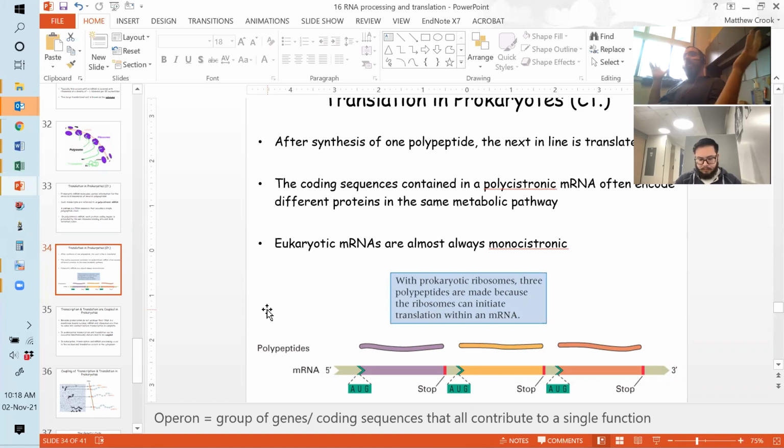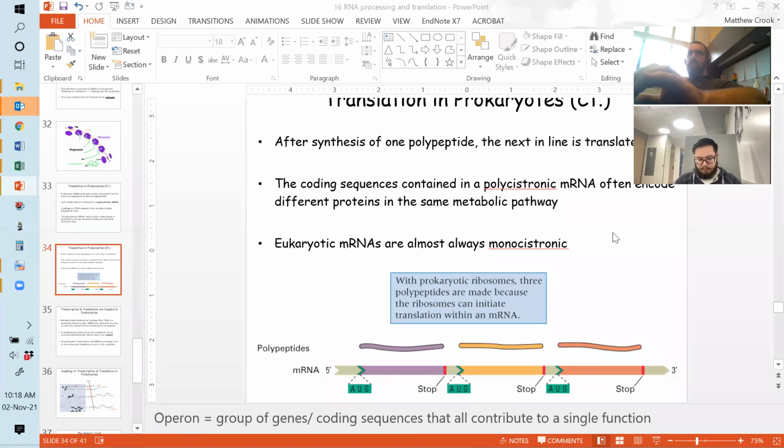This is called an operon. That's basically a collection of genes that are all involved in the same process and by and large regulated together.